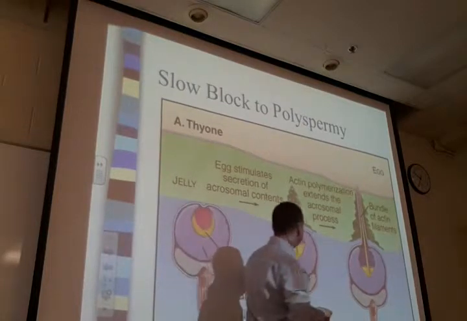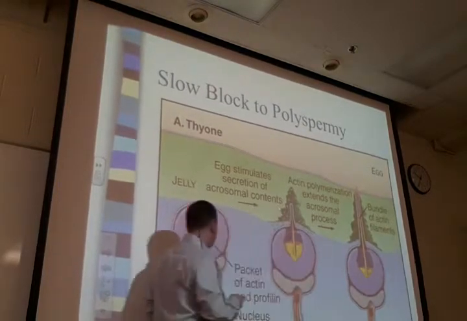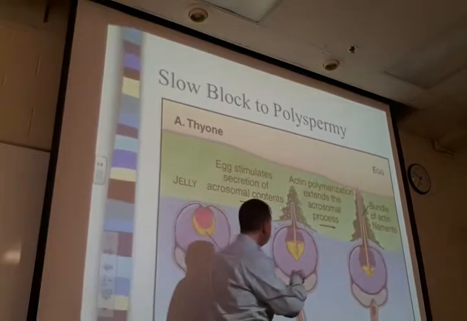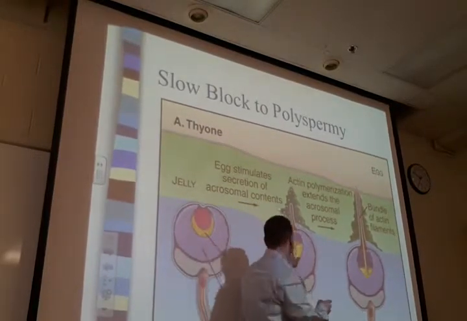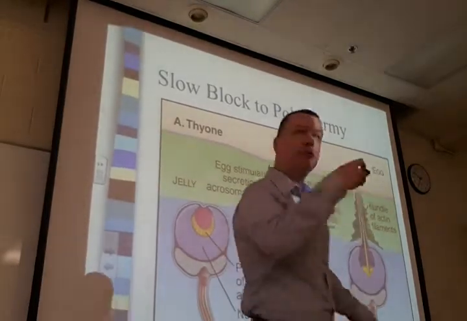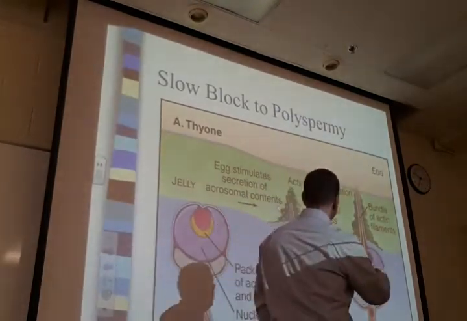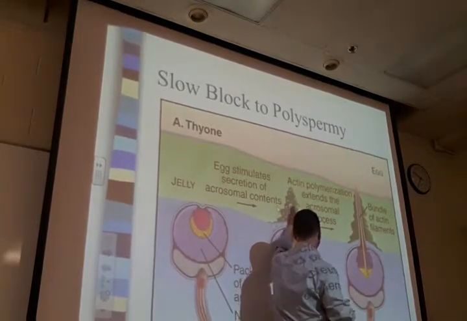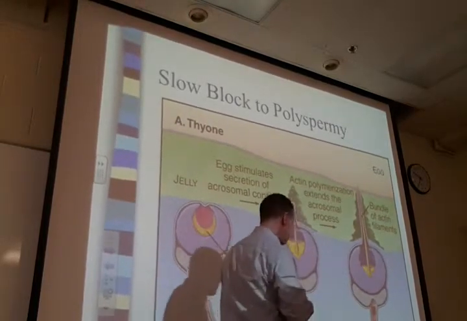And that in turn triggers a bunch of G-actin to polymerize into F-actin, which starts pushing the membrane of the sperm through this jelly layer. And this section of the membrane that's being pushed out is called the acrosomal process.